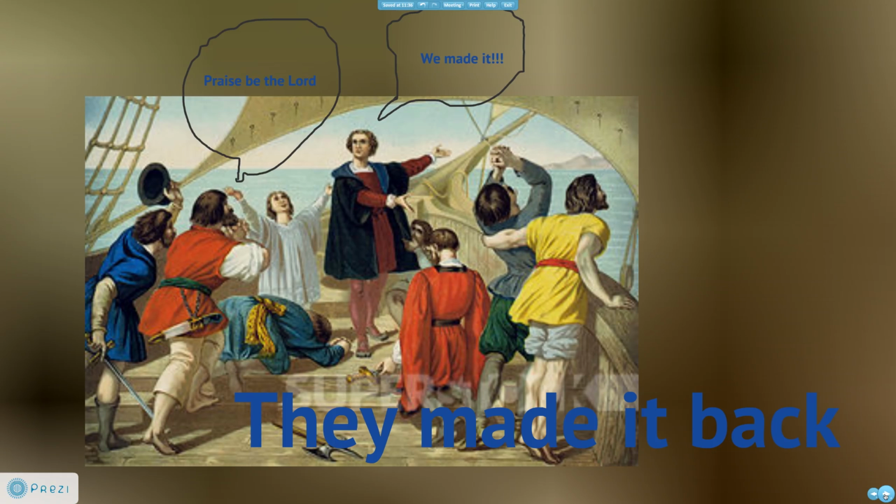And in the 1400s, when you don't have internet and cell phones, today you can communicate around the world in a matter of seconds. But in Columbus' time, he spent over a month on the Atlantic Ocean, and no one knew if he was safe. No one knew if he was successful.